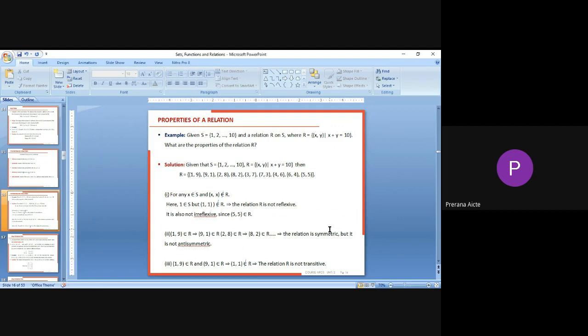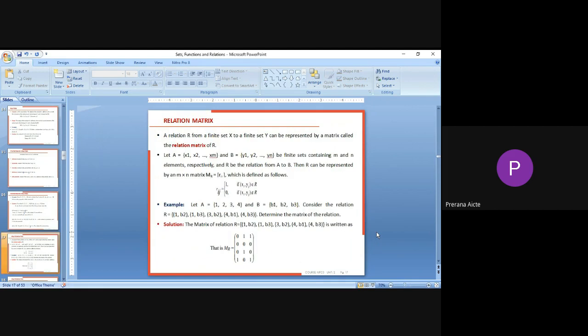So it is following the symmetric property, but antisymmetric is not followed. That is how we can check the properties followed by a relation for a given example.